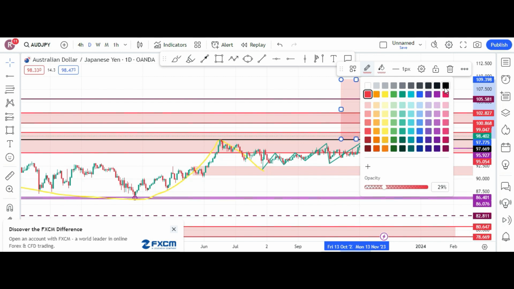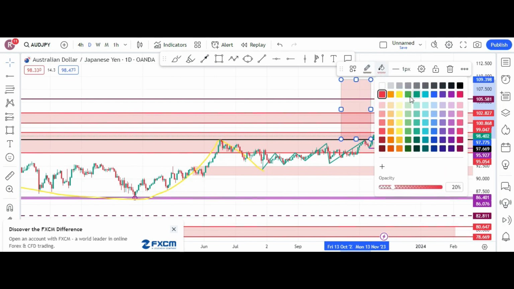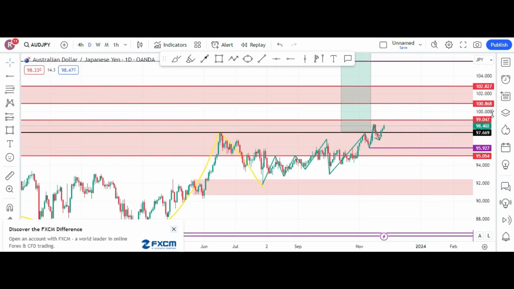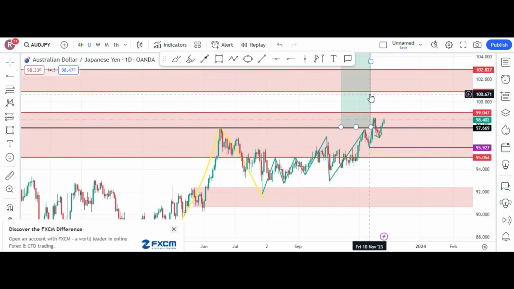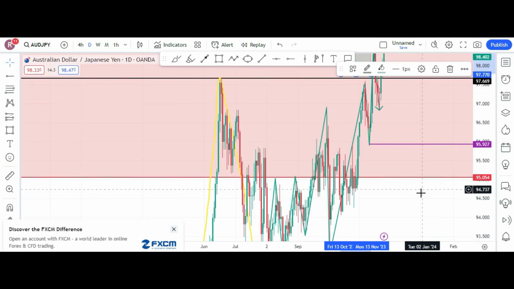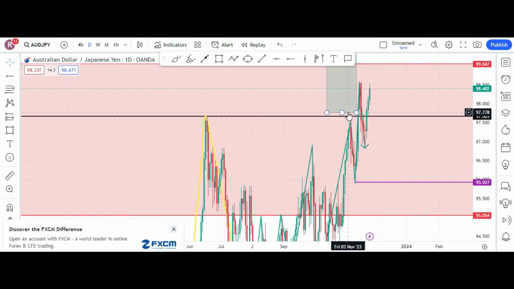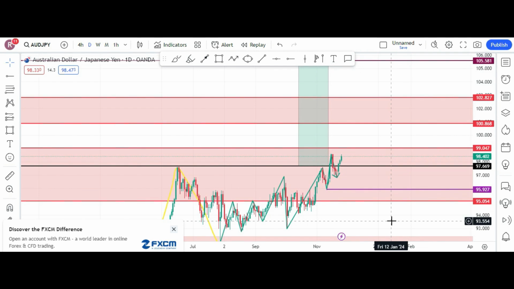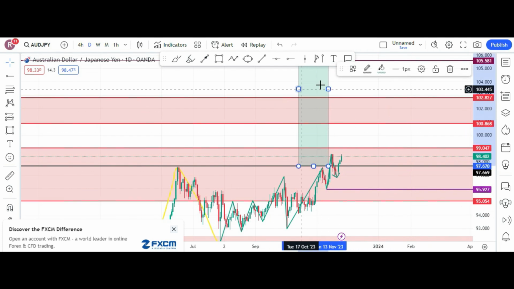Let me change it a little bit so we don't match up everything with the same color. It should come down a little bit more. If we measure, yes, that's the thing.